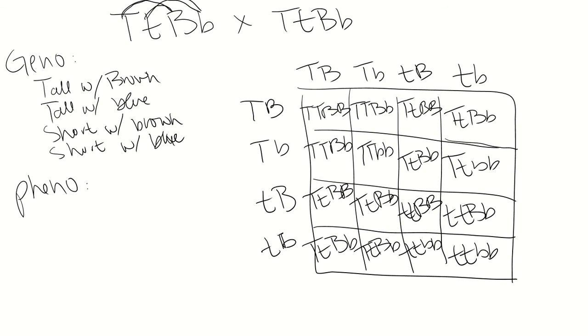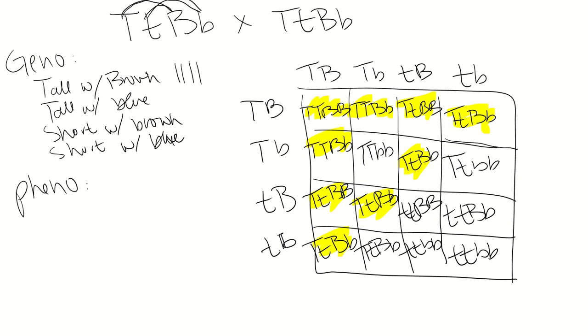And then let's take a look at what we have here for our numbers. So here we have tall and brown. So that's 1. Here we have tall and brown. And here we have tall and brown. And tall and brown. So what's that? 4. 1, 2, 3, 4. Here we have tall and brown, right there. There's tall and brown. Here's tall and brown.